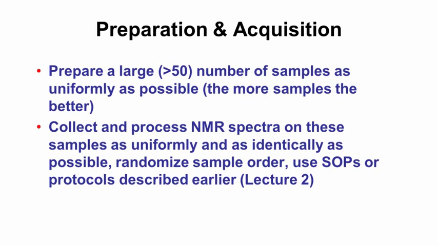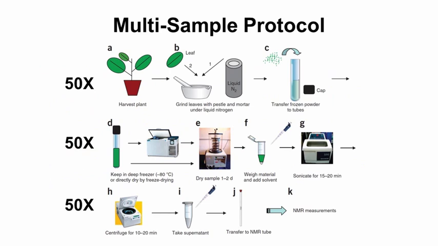In general, you want to use the SOPs or protocols that we described in Lecture 2 that talked about some of the specific acquisition parameters and techniques. But key, again, in statistical spectroscopy is to make sure that the samples are as identical or near identical as possible. And that's generally good practice regardless of whether it's statistical spectroscopy or regular deconvolution.